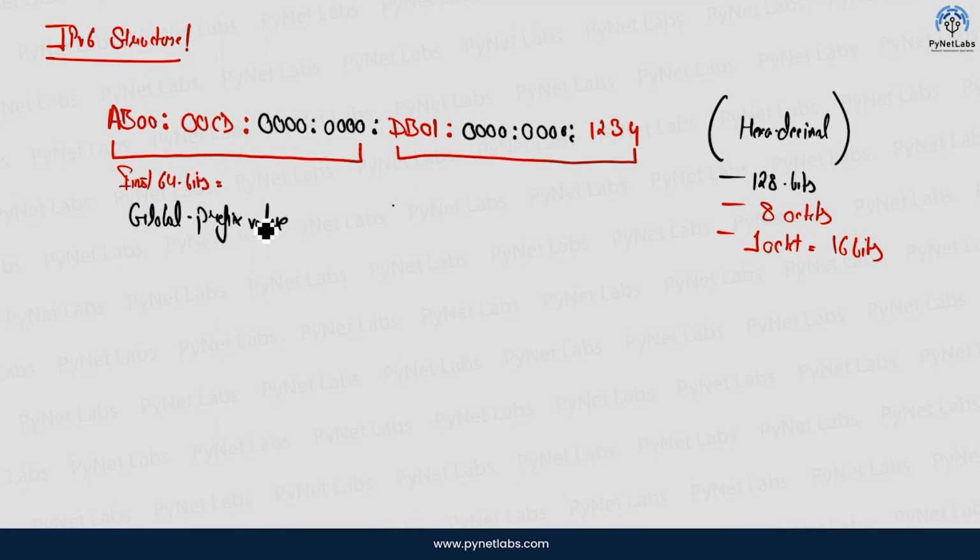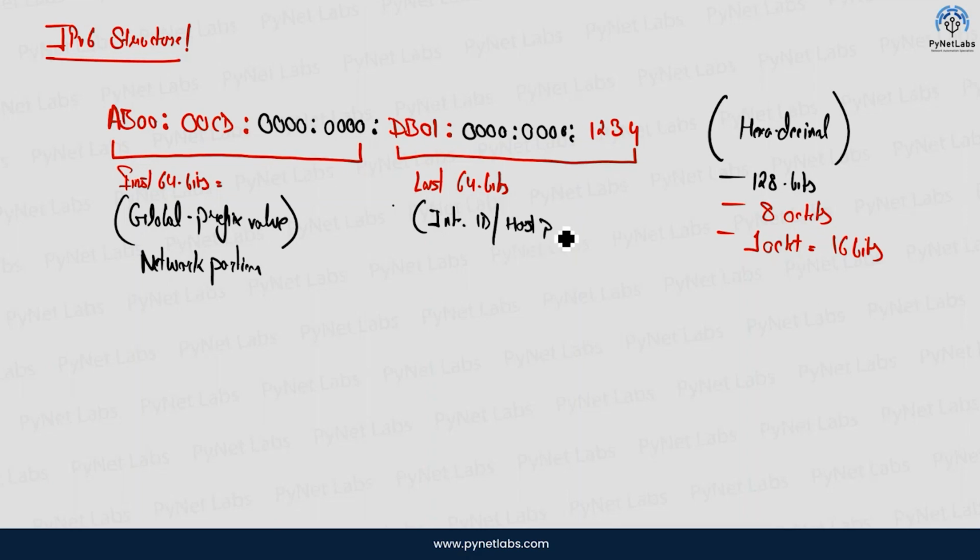Global prefix value is nothing, guys, but what we consider the network portion of IPv6. And similarly, when I talk about the last 64 bits, this last 64 bits is the interface ID, which you can say is the host portion as well. So that's how we are going to deploy this IPv6, and we need to understand this as well.